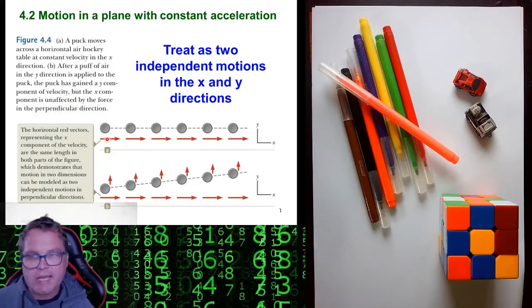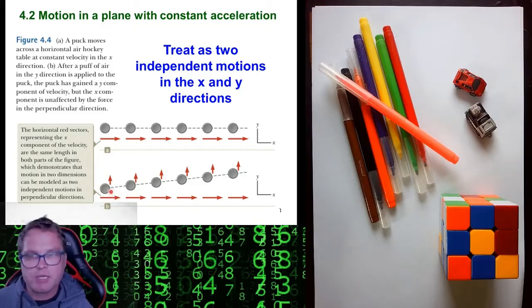So this is to say that this puck is given a brief push by means of a puff of air in the y direction, and this causes it no longer just to move along the x direction as shown in A, but now it's moving along at some angle relative to the x-axis.